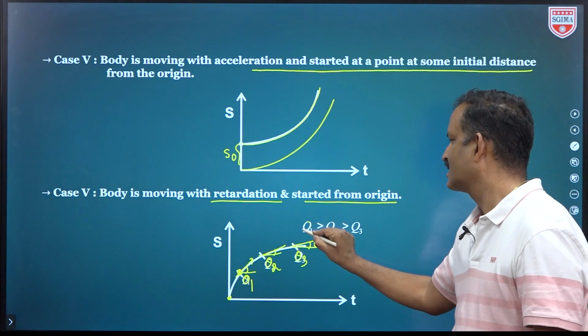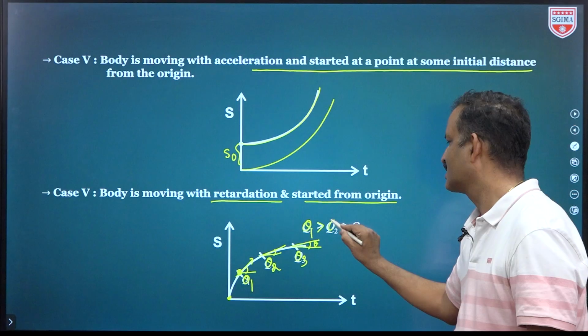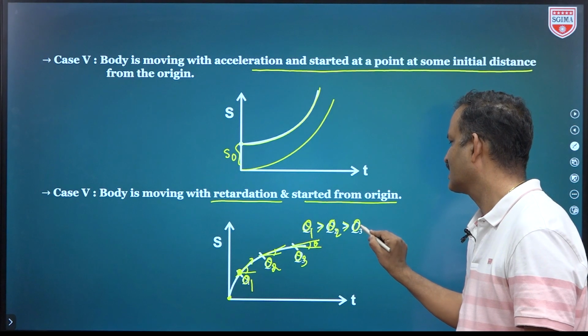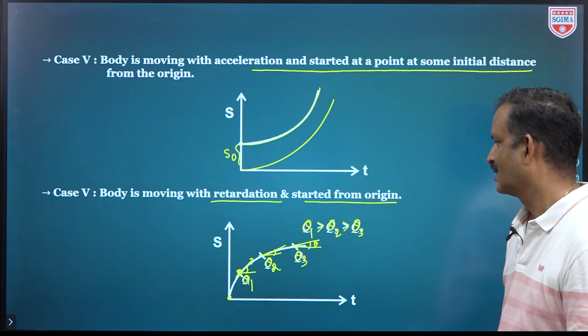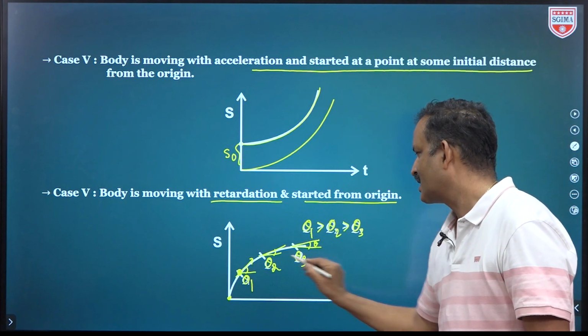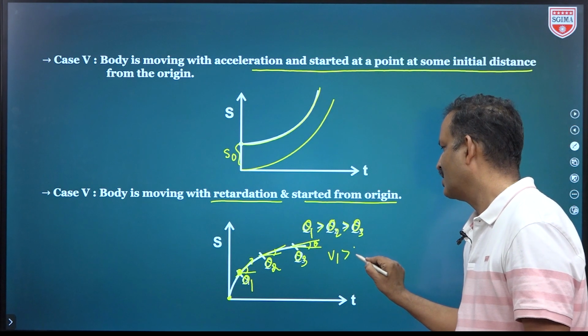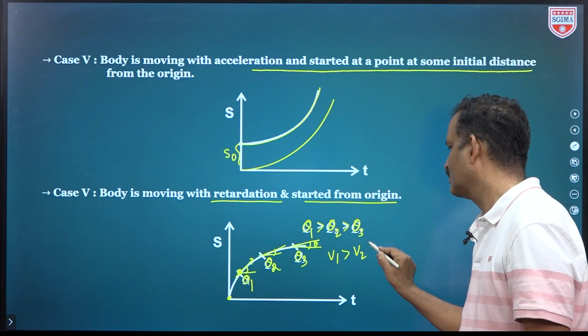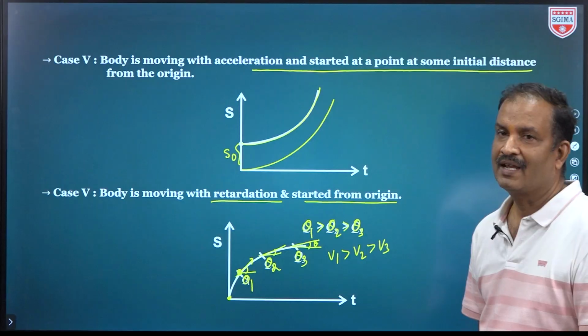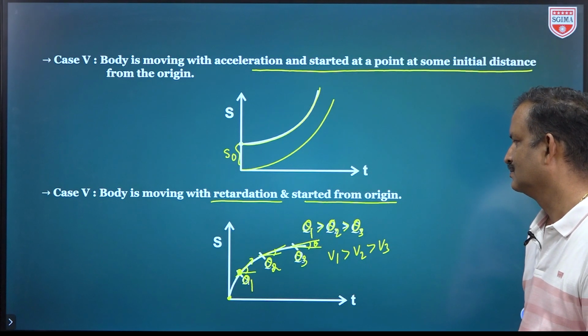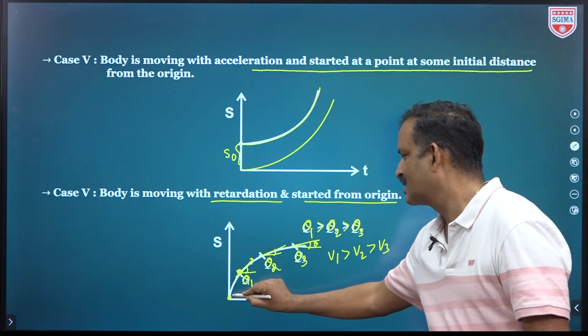Theta 1 is greater than theta 2, which is greater than theta 3. That means velocity V1 is more, then V2, then V3. Velocity is gradually decreasing, because this is a regular graph.